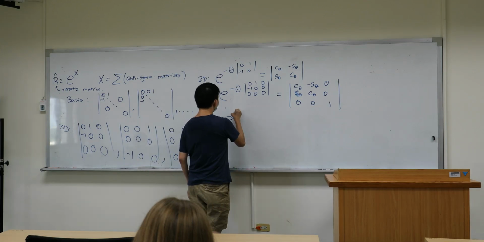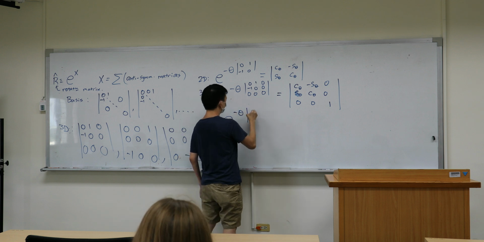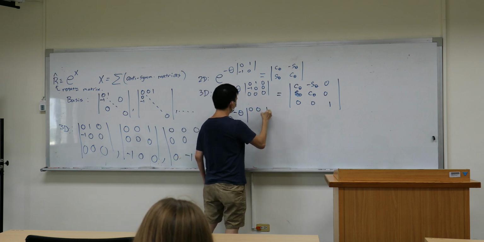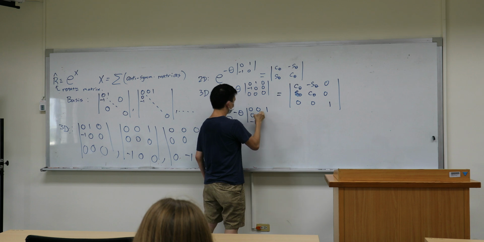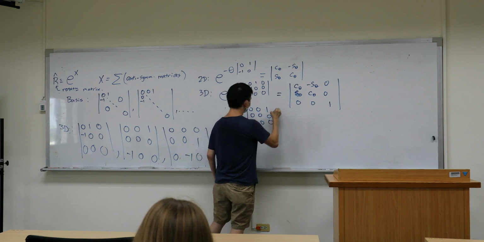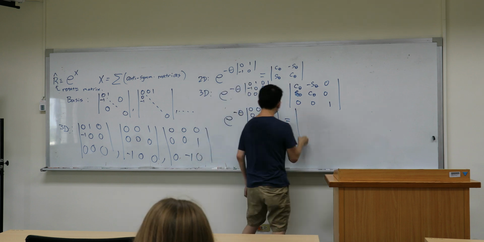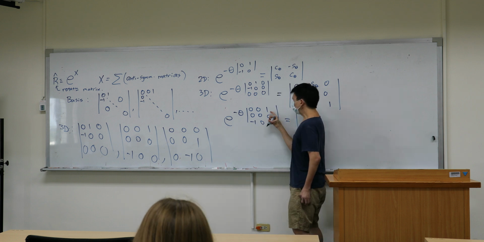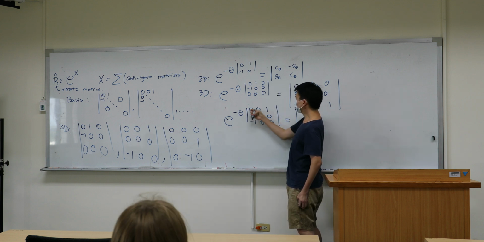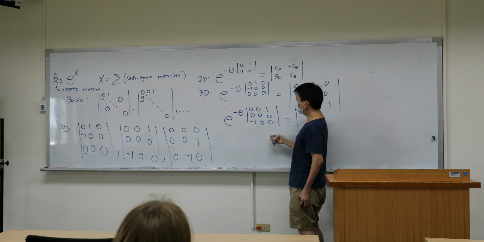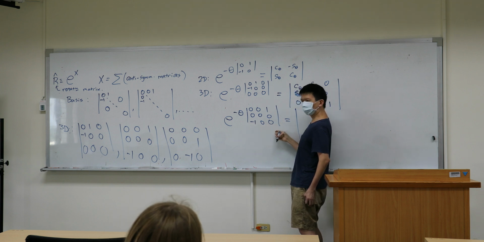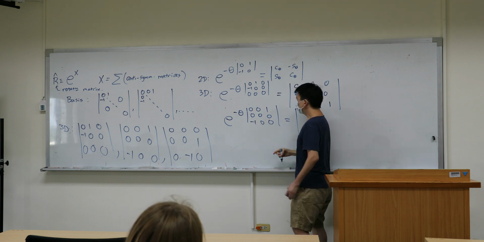So e to the minus theta of 0, 0, 1, -1, 0, 0, 0, 0, 0 will in fact give me, now you're mixing the 1-3 plane. So this is the first row, 3rd column, and this is the 3rd row, 1st column.